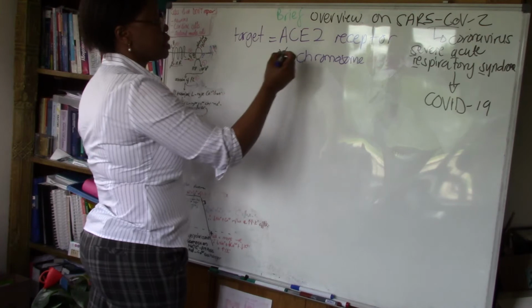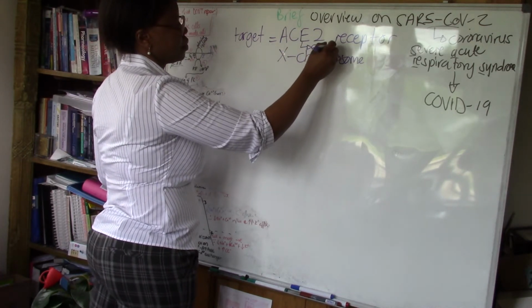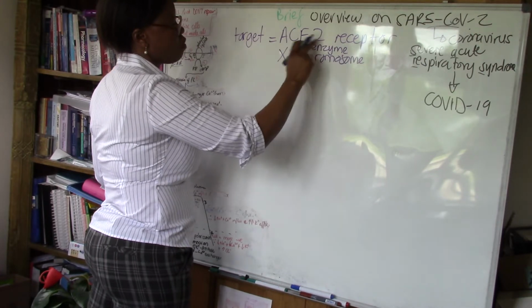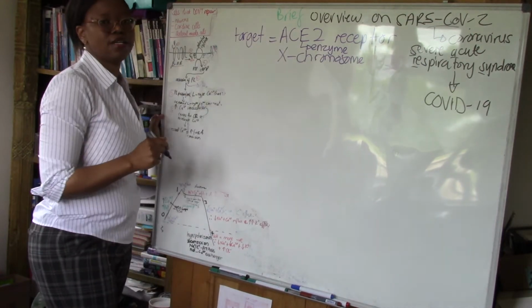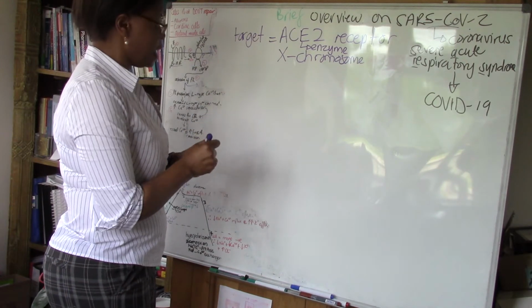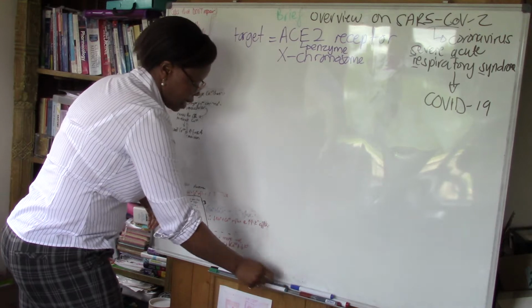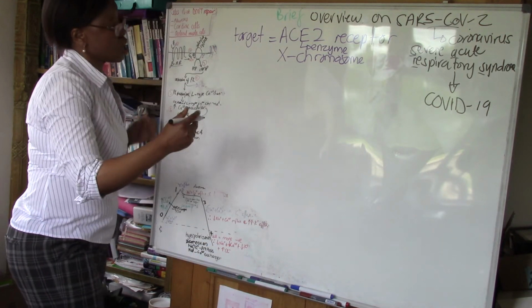So ACE2 is an enzyme actually. It's an enzyme that converts angiotensin II into angiotensin 1-7. And again, I'll look at that briefly, because I have looked at it anyhow.